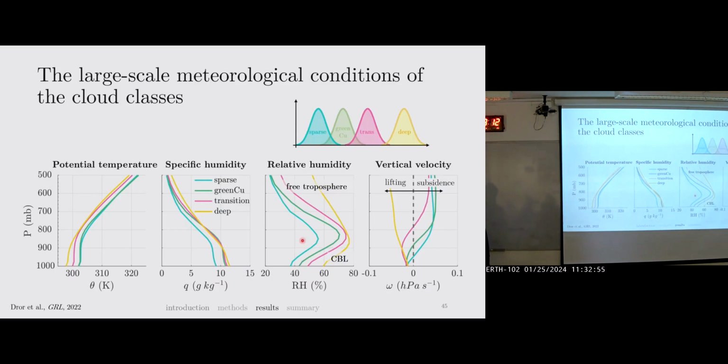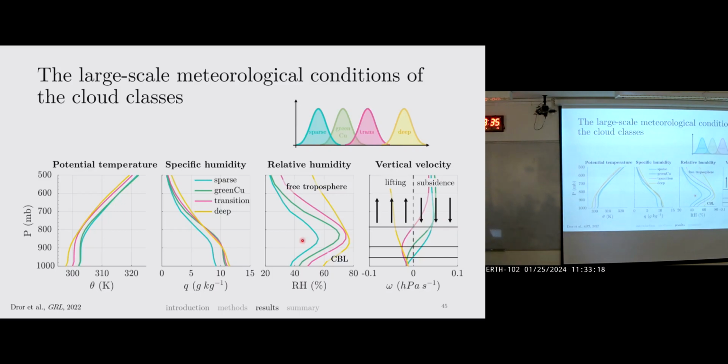And in terms of the large-scale vertical velocity, we are mostly moving from an atmosphere that is dominated by subsidence to a different atmosphere in which the sign change from subsidence to large-scale lifting is happening at higher and higher altitude.